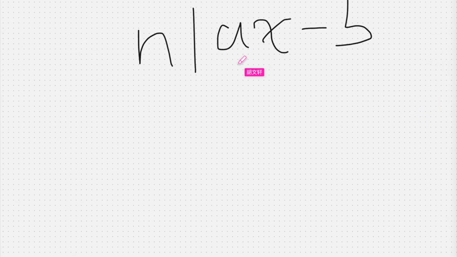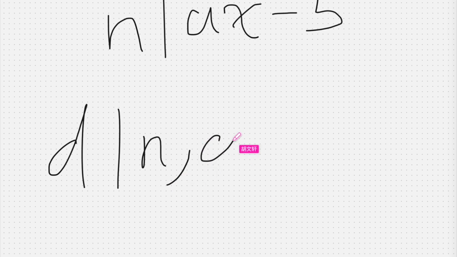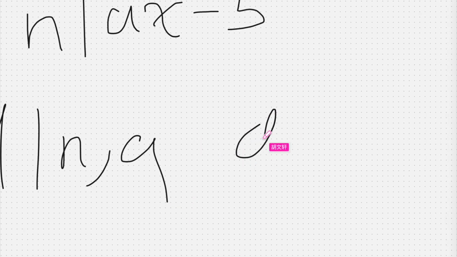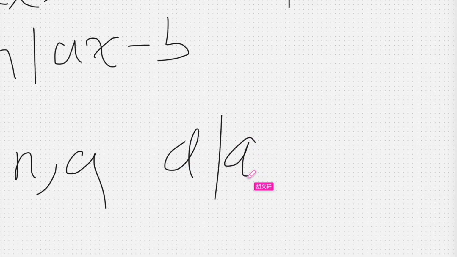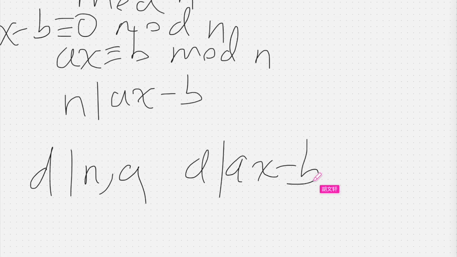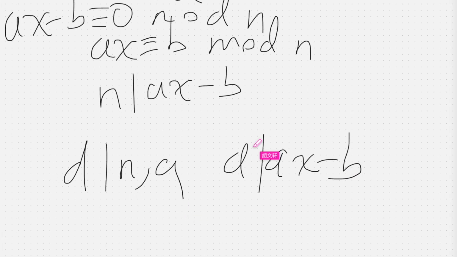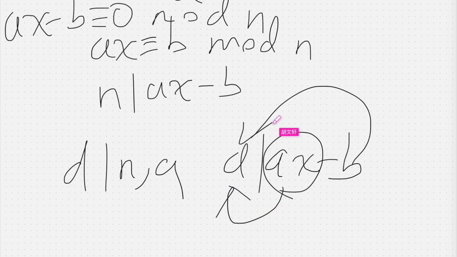So if we create a new integer d that divides n and a, then we know that d divides ax take away b, since ax take away b is a multiple of n. And since d also divides a, d must divide b. So this we know is a multiple of a. Then we know b also has to be a multiple of d.